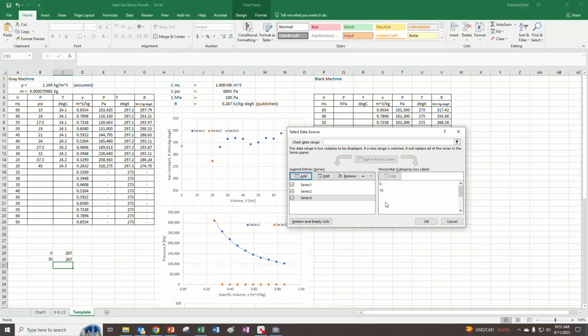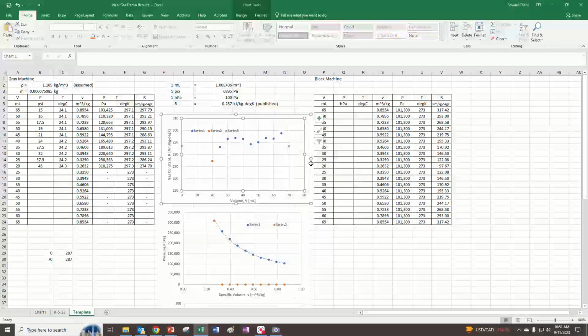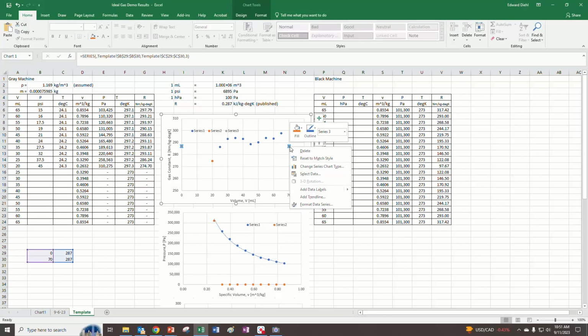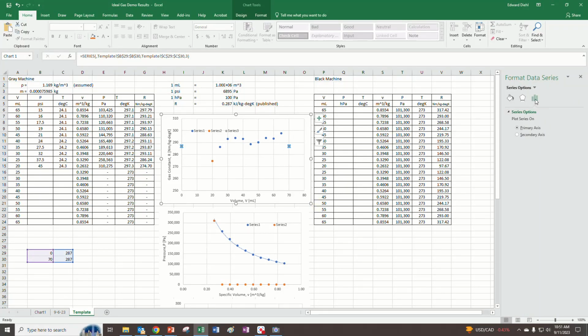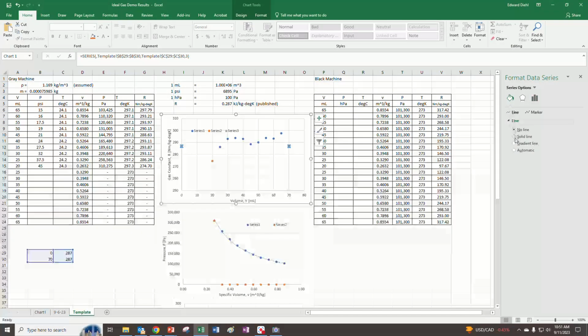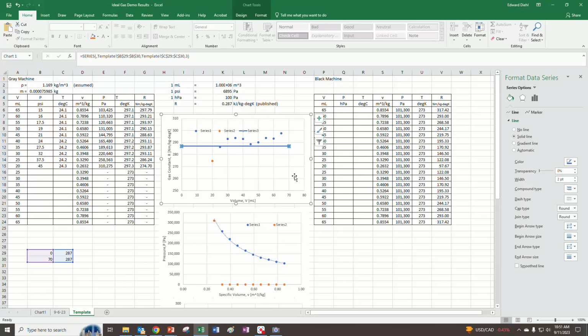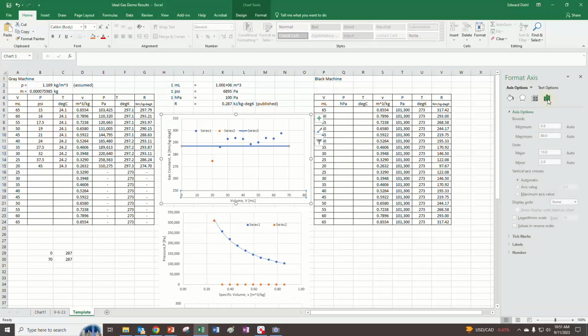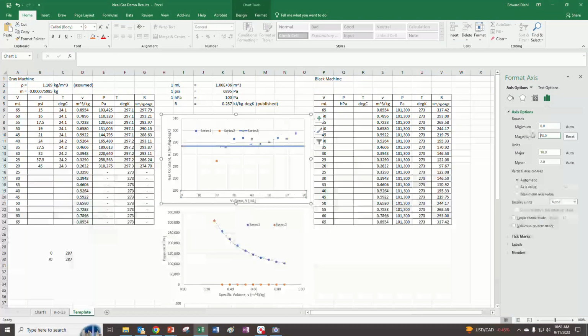And I could plot that, and it's data points right now, but we'll format the series and go with a solid line across there, right? Also, let me make that to 70 because that's all we had anyway.